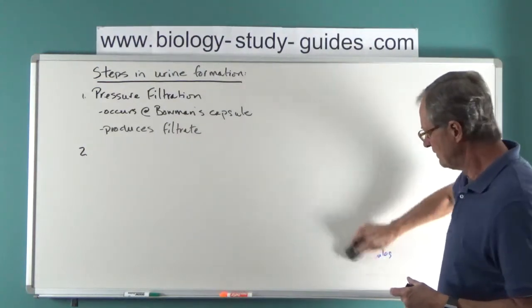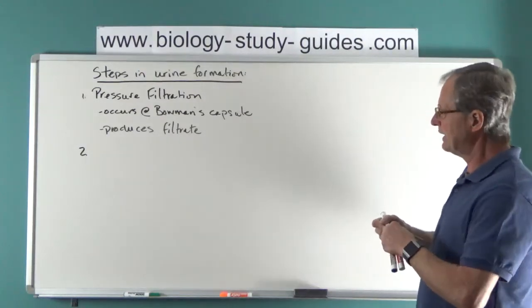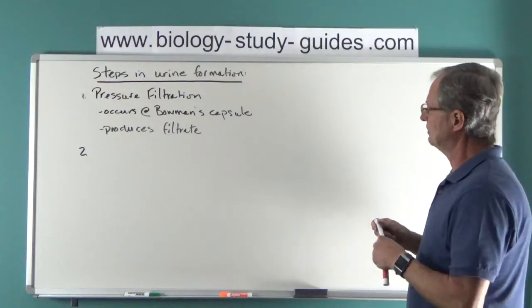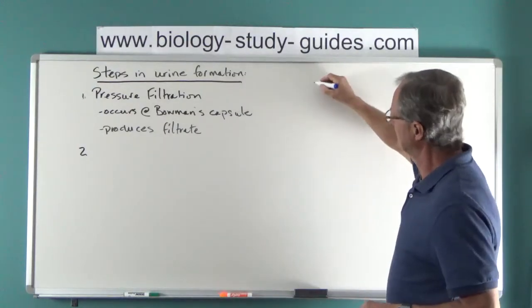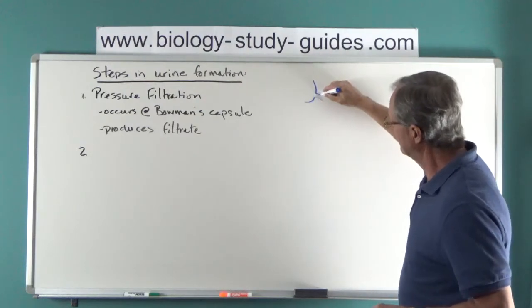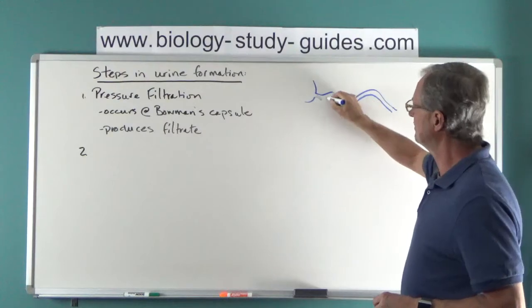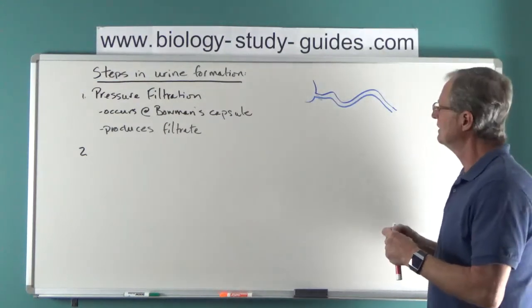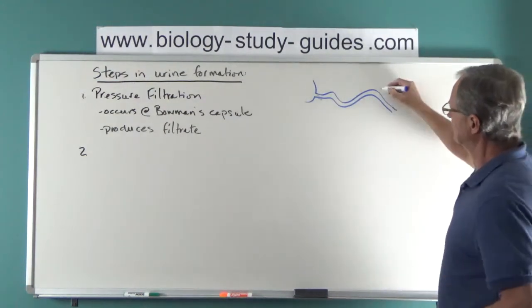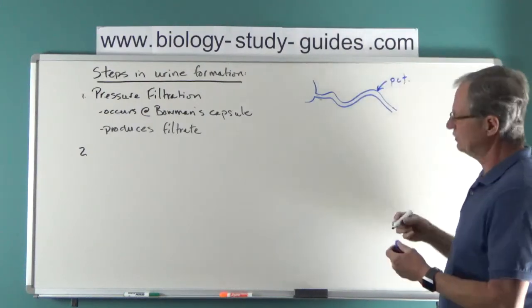Proximal just means that it's close to Bowman's capsule. So here's Bowman's capsule out here, and we've got the proximal convoluted tubule that leads out of Bowman's capsule. I often abbreviate this as just PCT, proximal convoluted tubule.